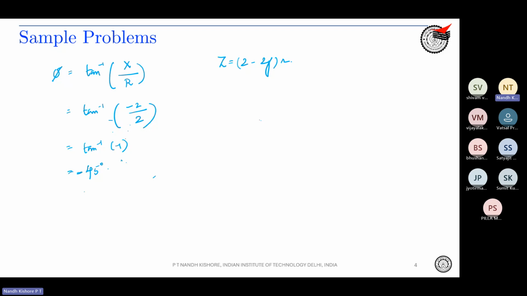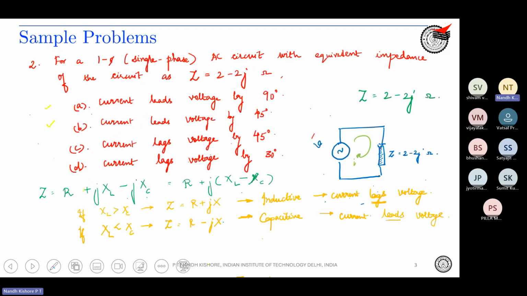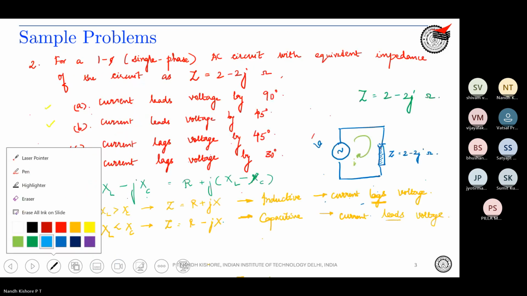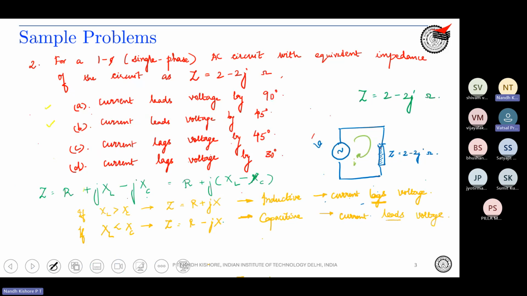The negative sign indicates that current is leading the voltage, or voltage lags the current. Tan inverse 1 is obviously 45 degrees. Therefore, the answer is option B: current leads the voltage by 45 degrees. Is it understood? This is fine, right?